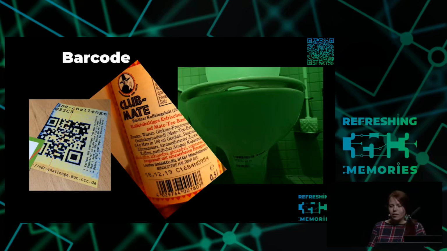And if you want to buy some stuff, for example Club Mate in a convenience store, typically the cashier uses the barcode reader installed on the cash desk and puts the bottle or some stuff to this barcode reader to enter the information about this stuff into the program.